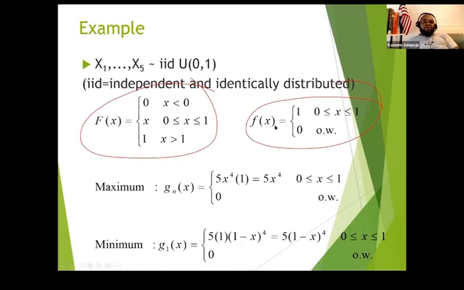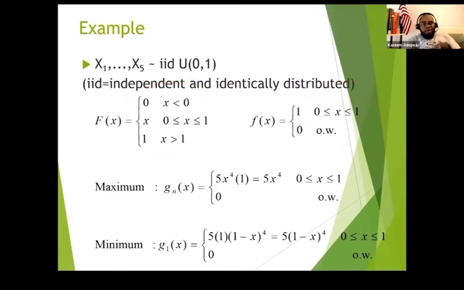Now, based on the PDF and the CDF of an unordered variable, do you know that we can find the PDF and the CDF of the maximum and that of the minimum? I'm going to say that again. Given the PDF and the CDF of an unordered variable, you can find the PDF and the CDF of the minimum and maximum, when they are now ordered.